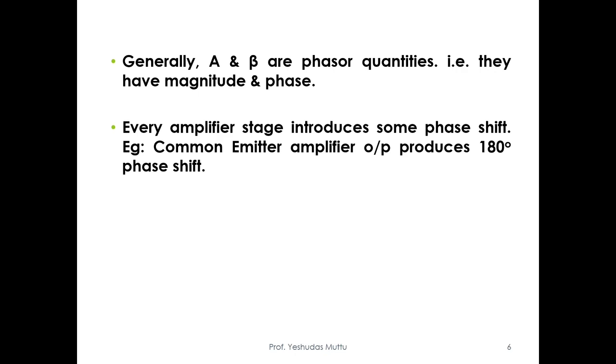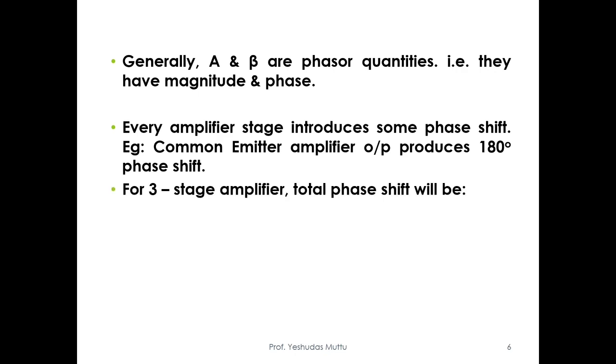In common emitter amplifiers, it is always this way. We had seen it in the practicals also. Now, say there is a three-stage amplifier. Then the total phase shift will be 180 multiplied by 3, which is 540. Now, what is the significance of 540 on the unit circle?